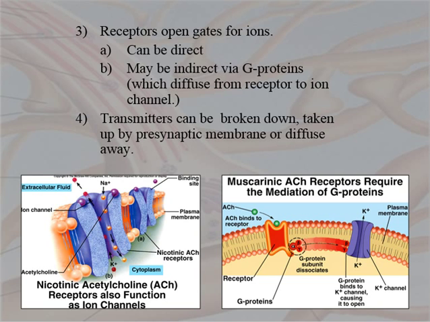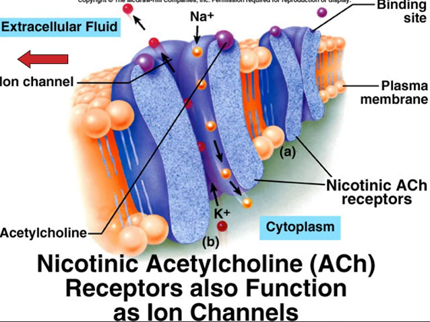So in this case, they're showing when acetylcholine, a neurotransmitter, binds to these receptors. In this case, the receptor is also the sodium channel. Okay? It's also the sodium channel, and it's going to allow sodium to move to the inside. So the binding of the transmitter to the receptor opens the channel.